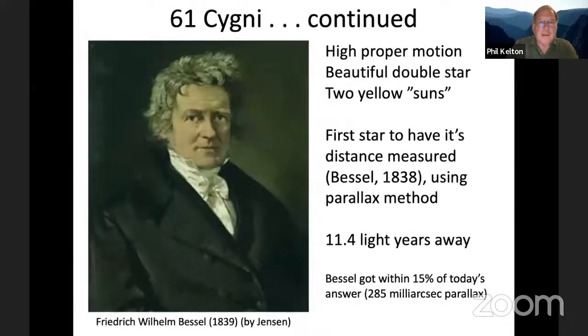Well, this next slide illustrates how that happened. This was done in 1838 by Bessel, and here's a portrait of Bessel. He amazingly determined the distance of a little over 11 light years to within 15% of today's value, almost 200 years ago. Its actual parallax is just a little bit less than 0.3 of an arcsecond.